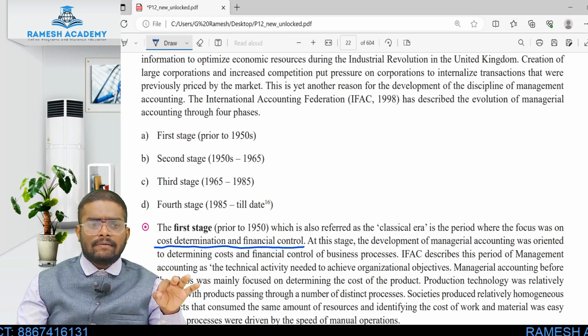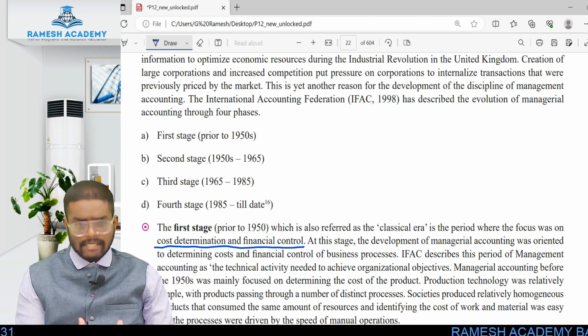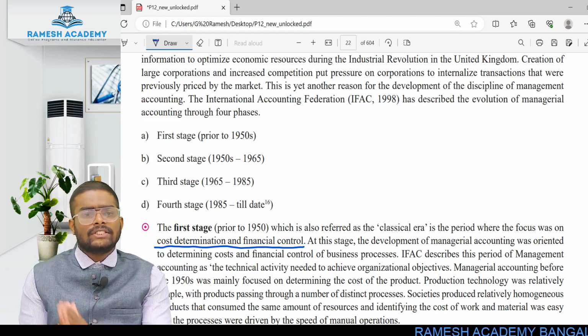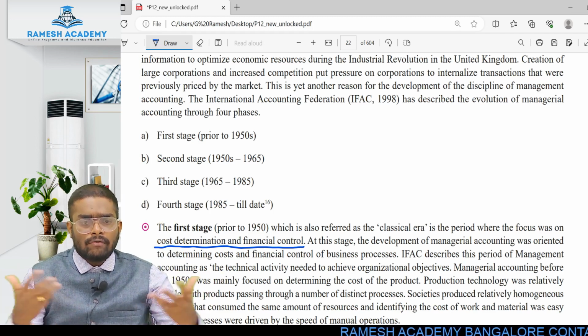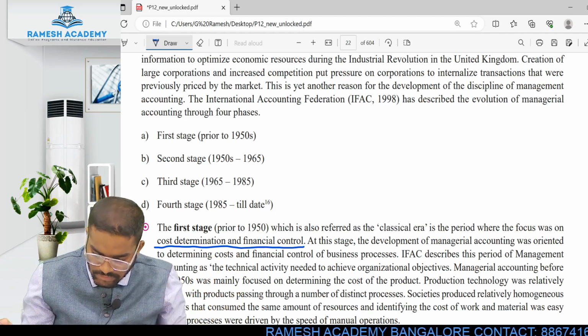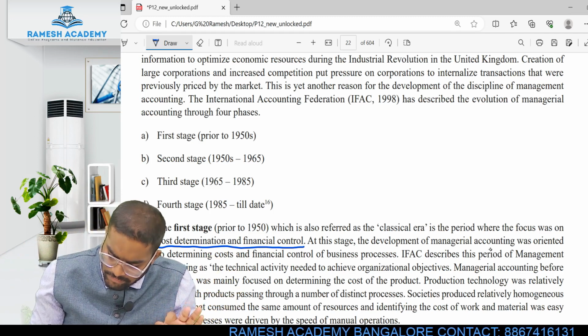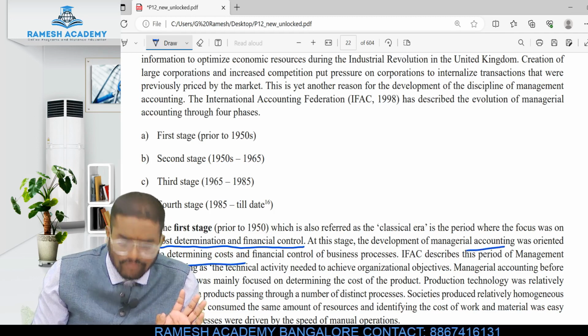This is the important point here, please highlight it. So in the first stage we were only concerned with calculation of the cost. We were not concerned with how to reduce the cost, how to forecast, and all those things. See, at this stage the development of managerial accounting was oriented towards determination of cost. That's all.